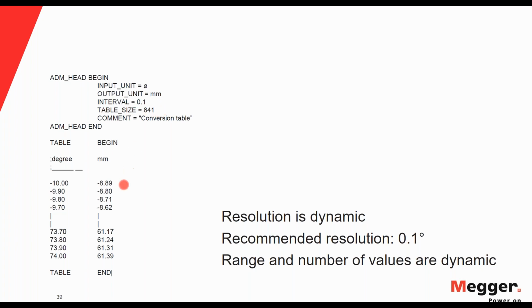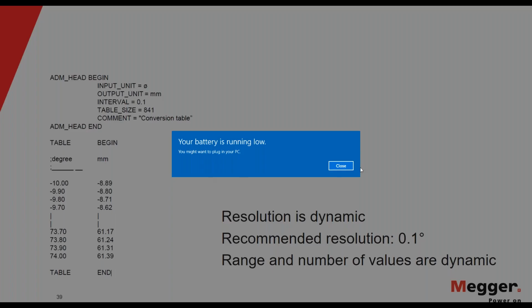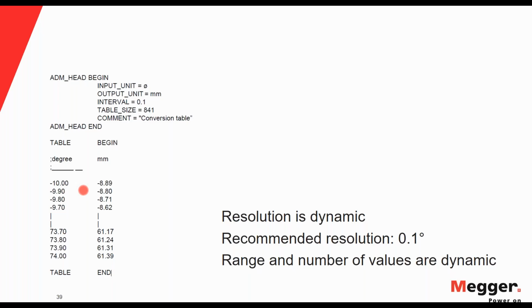So at this degree the millimeter is this much, at this degree is this much, and so on and so forth. So you can define it yourself, and you can see that.